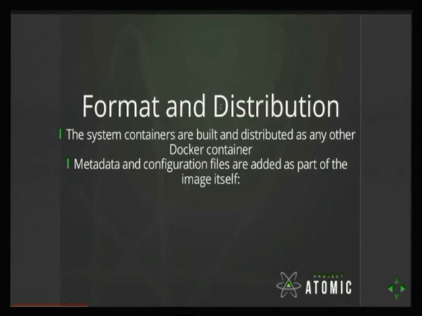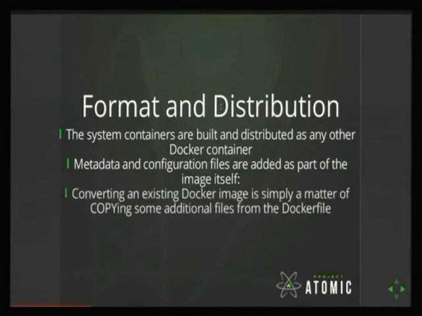The metadata for running these containers is distributed as part of the image itself. We don't require a separate channel for distributing this; you include it inside the image itself. In other words, converting an existing Docker container to a system container is just a matter of copying some extra files into this image.